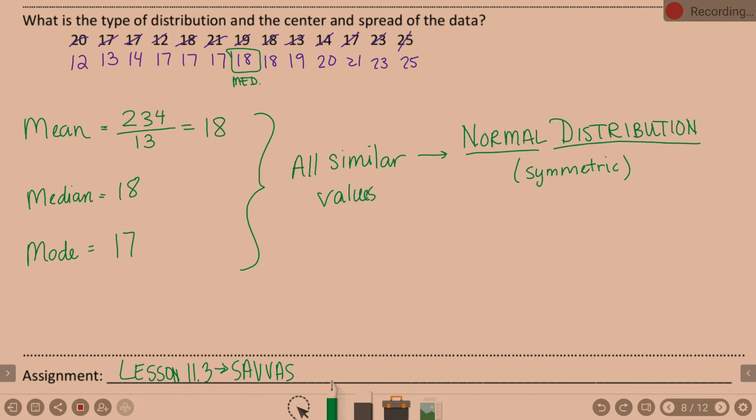Now, the question to answer here is, how are we going to describe the center and spread of the data? If you go back to our notes from yesterday, when it's symmetric or normal distribution, we're going to use the mean and the standard deviation.